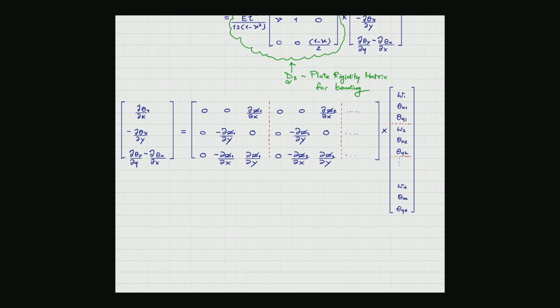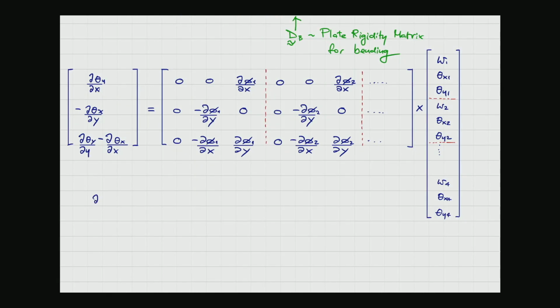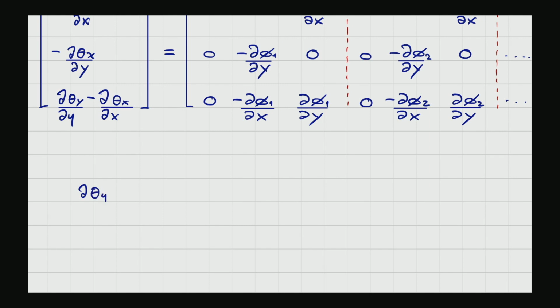Partial derivative of theta y with respect to x, let me emphasize, is equal to the summation of theta y I and then shape function N I. This is actually theta y only, okay? Theta y is approximated by nodal point theta y multiplied by the shape function.